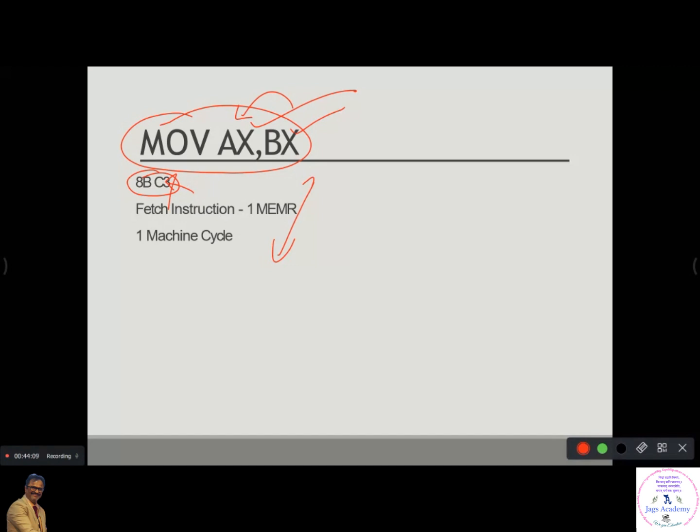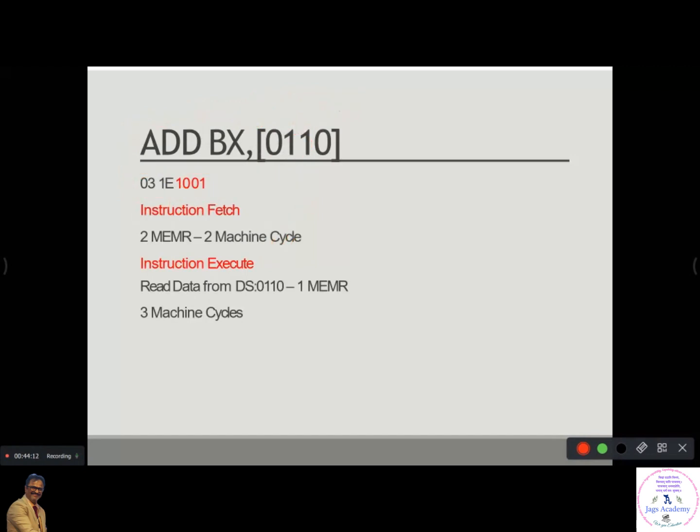Now I'll go to some other instruction. Can you tell me how many machine cycles this requires? It is very tricky here. The microprocessor can read only 16-bit data at a time in one machine cycle.